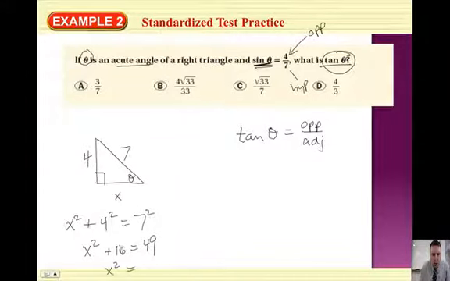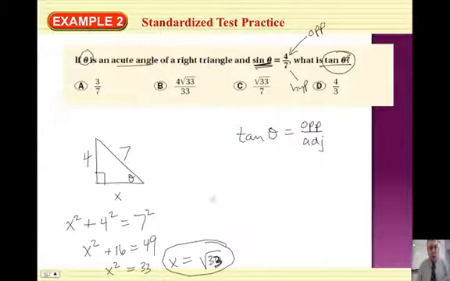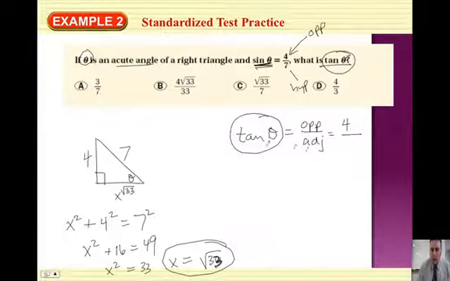X squared equals, if I minus 16 on both sides, you get 33, which makes x equal to square root 33. Which makes the adjacent square root of 33. So opposite is 4, so we're going back to our thing here. What's tangent of theta? 4 over adjacent, which is root 33.